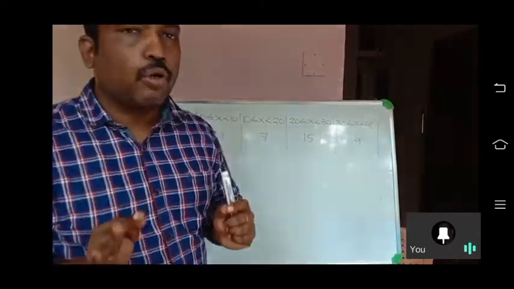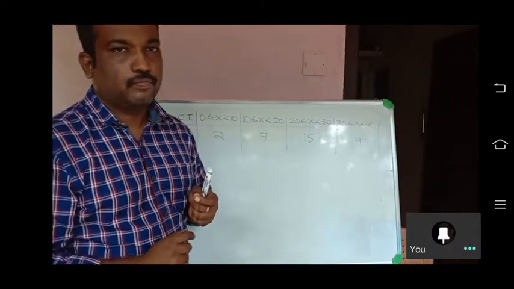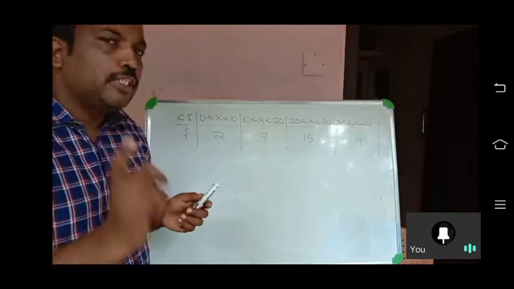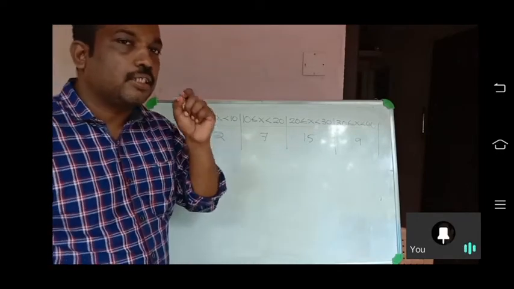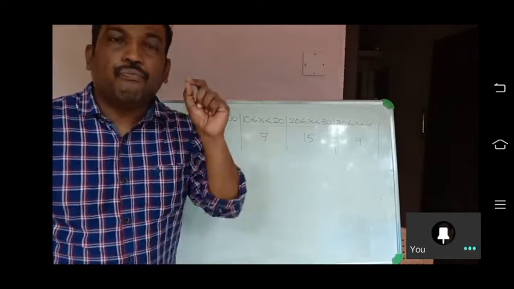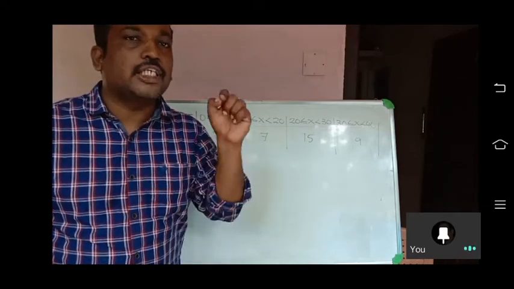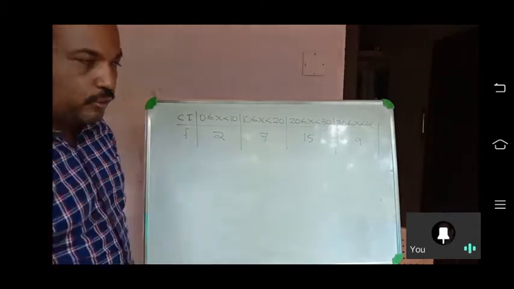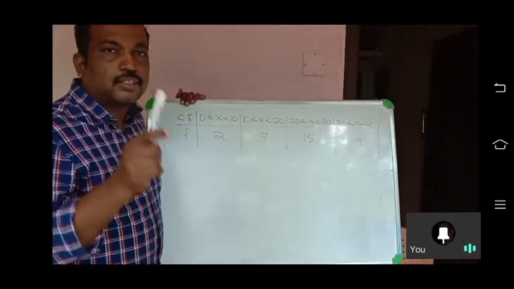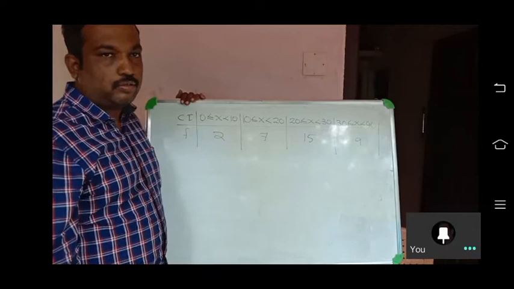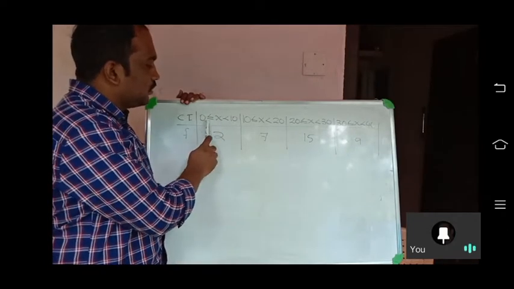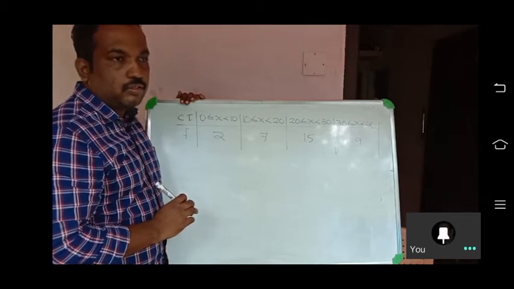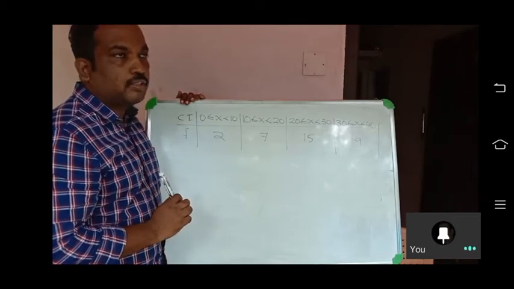But when you go for the numerical finding of the mode, you need to check each and every class interval and verify whether they have equal size, whether the widths of the classes are equal. How do you find the width?